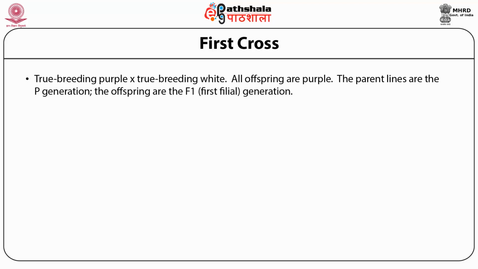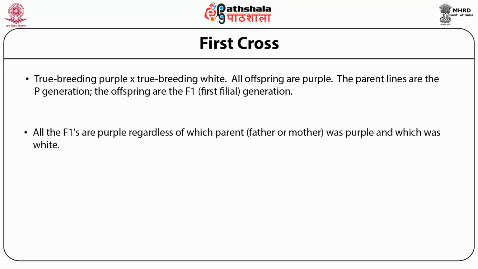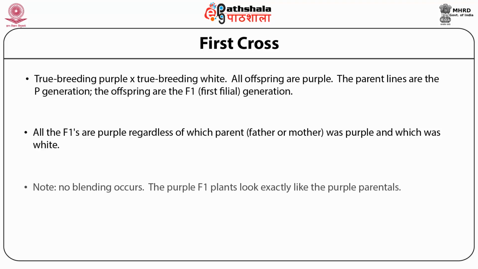The parent lines are the P generation. The offspring are the F1, first filial generation. All the F1s are purple regardless of which parent, father or mother, was purple and which was white. Note that no blending occurs.